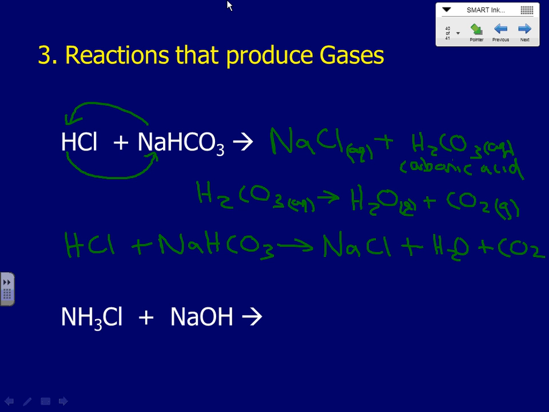And to add the states, aqueous, aqueous, aqueous. What goes with the water? Liquid. And the CO2? Gas. Right? Bubble, bubble, bubble. That is your sodium bicarbonate, your baking soda, and vinegar. That's your baking soda and vinegar reaction.